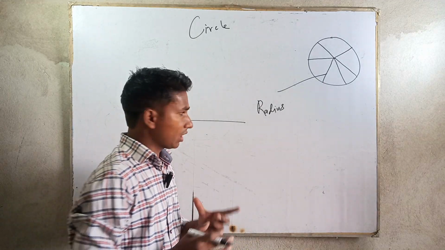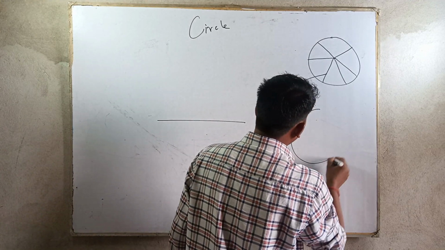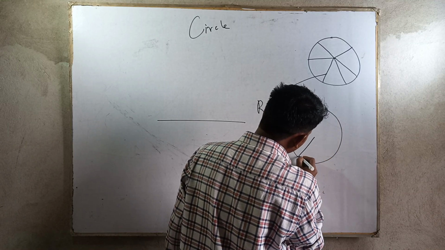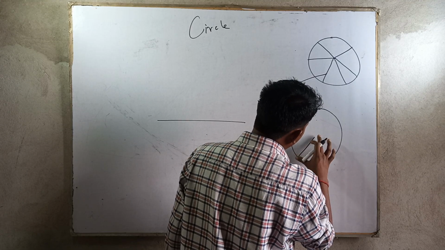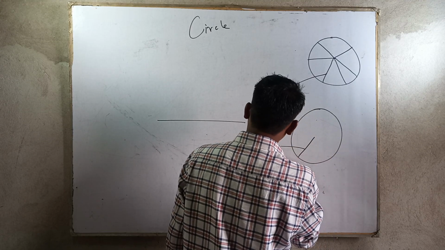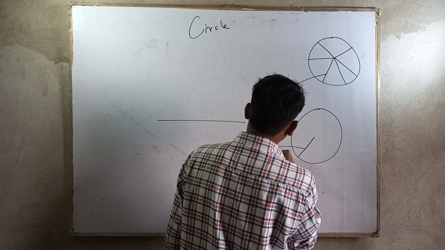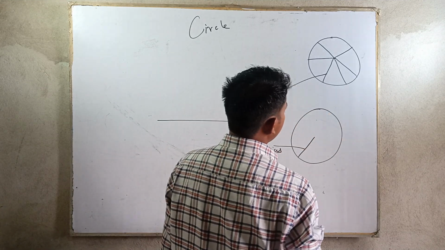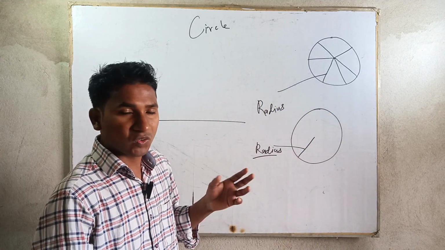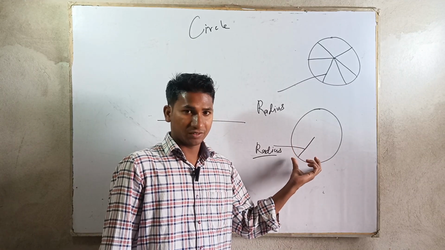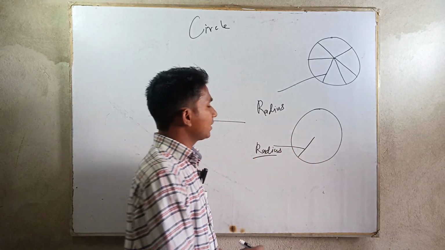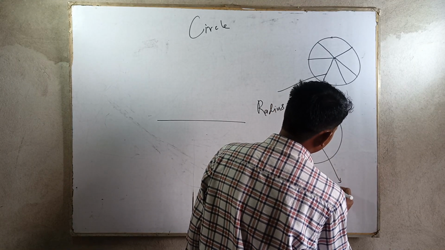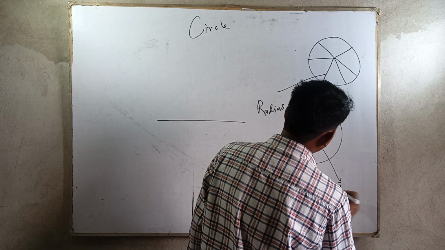The distance from the center to one side of the circumference is called the radius, and this radius will be equal on all sides. There are so many radii that can be drawn in the figure. So this is the radius, and the middle point is called the center.